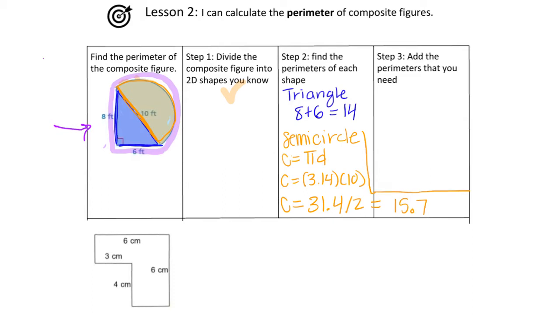So, to find the perimeter, I'm going to add all the parts I need. So if this is 15.7, I need to add the 8 plus the 6 plus 15.7.